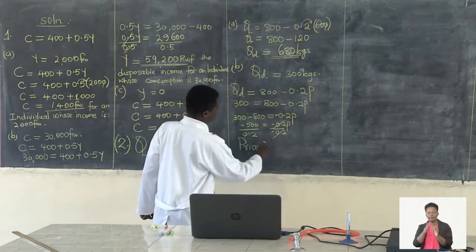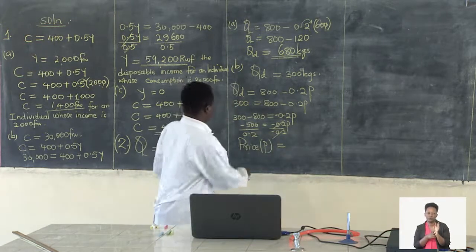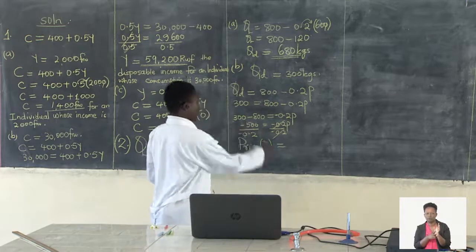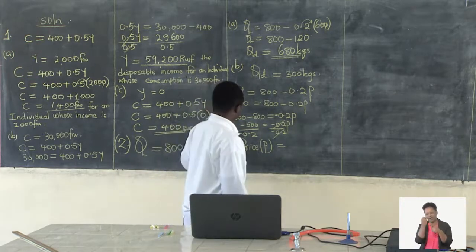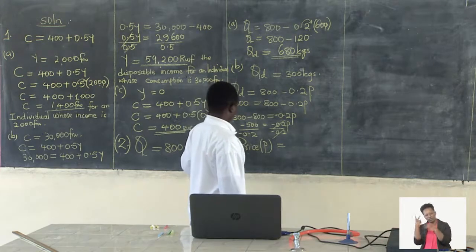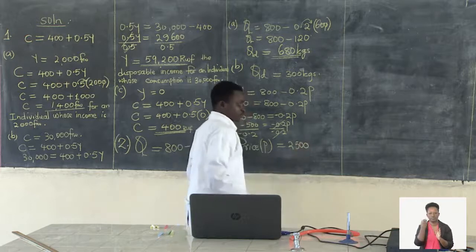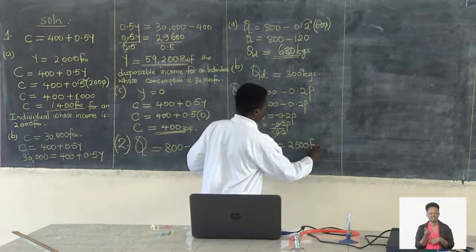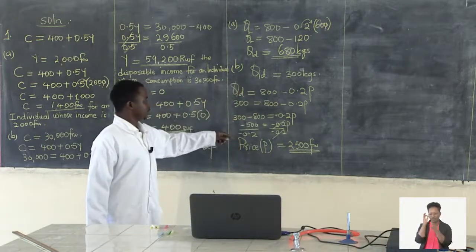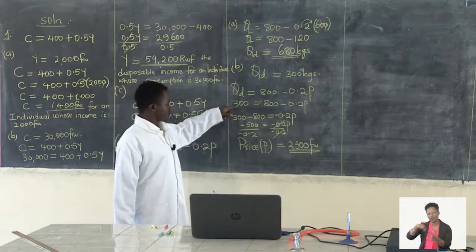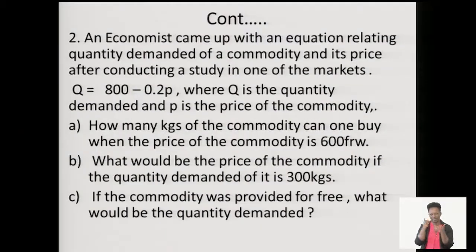Our price P of the commodity will be, since the negative divided by negative is a positive, 500 divided by 0.2, which gives you 2,500 Rwandan francs. So that will be the price of the commodity when quantity demanded is 300. So that's part B.